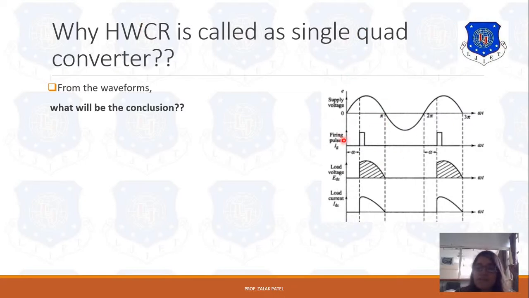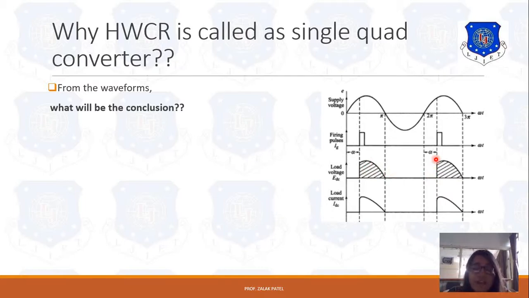From this waveform, if we apply the supply voltage with the firing pulse at angle alpha, then the load voltage and load current will appear only in the positive cycle, or else be 0, and again positive and again 0.